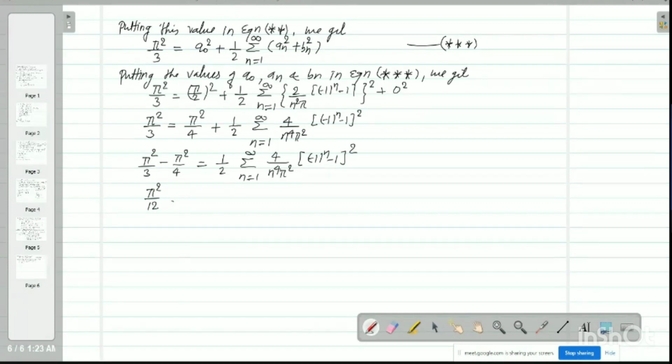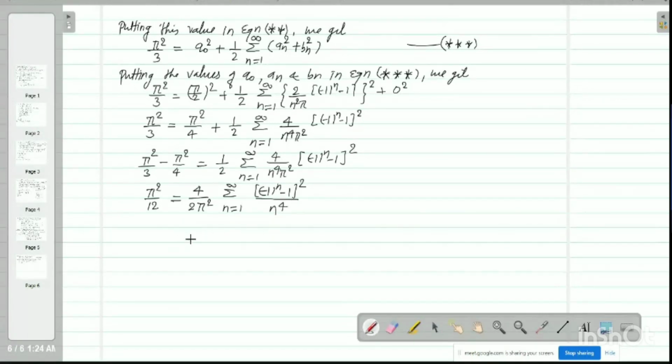And this is equal to 4 by 2 pi square, sum running from n equal to 1 to infinity, minus 1 raised to n minus 1 the whole square, by n raised to 4.